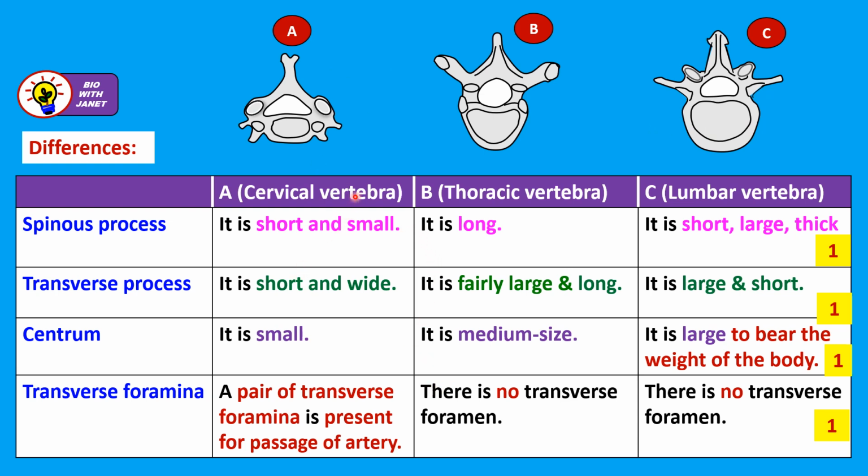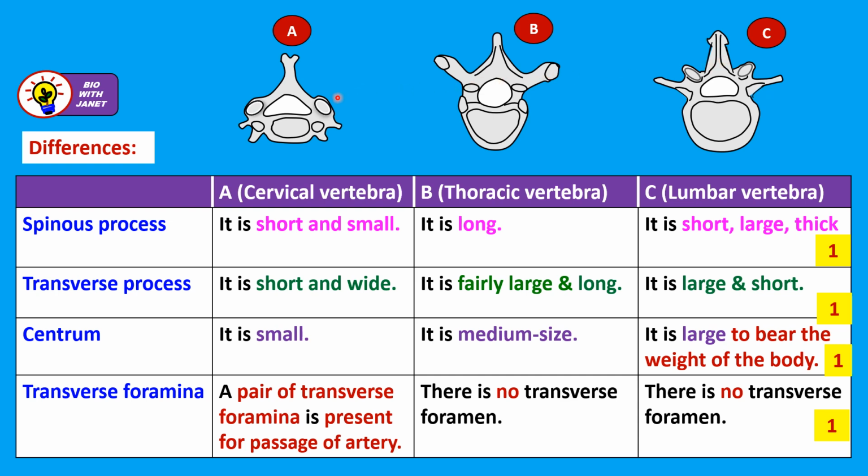And then we can write the names of the vertebrae in the columns if we want to. Now, spinous process. For A, the cervical vertebra, it is short and small. For the thoracic vertebra, it's long, right, as seen here. And then for the lumbar vertebra, it's short but broad and large.